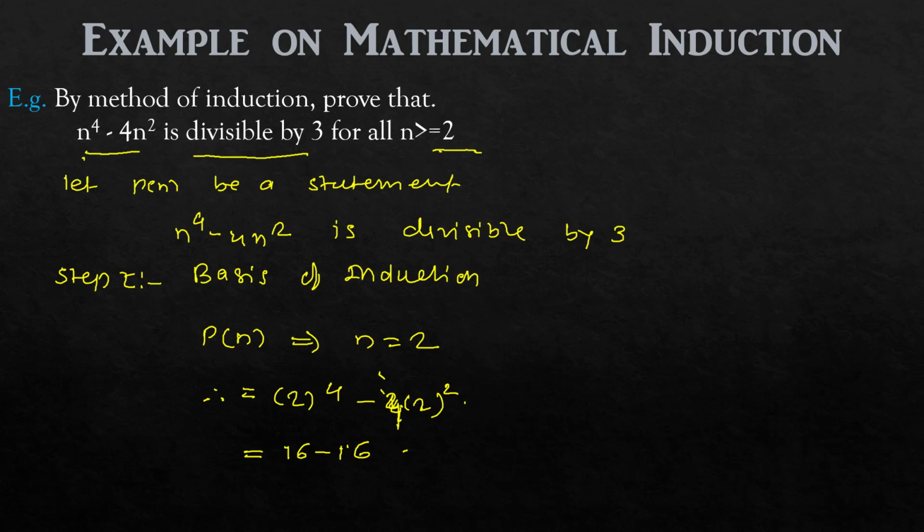So 16 minus 16 is equal to 0, which is divisible by 3. So 0 is divisible by 3, means P of 2 is true for n is equal to 2.